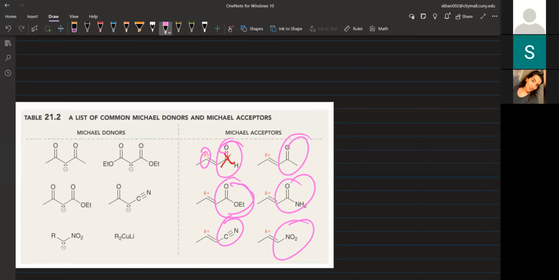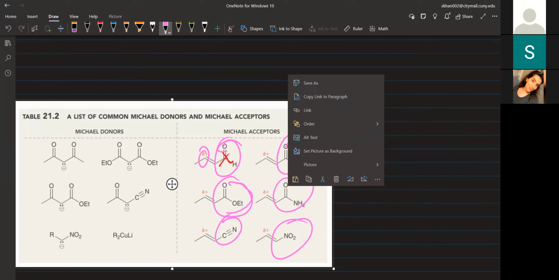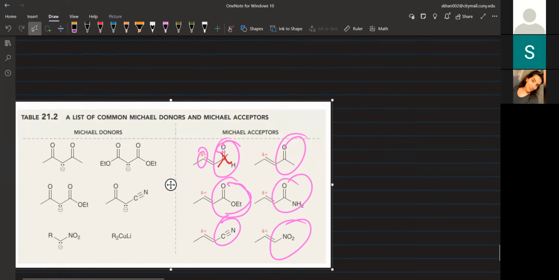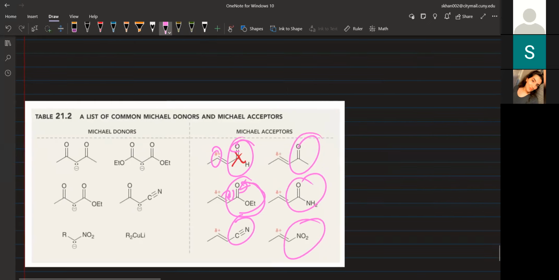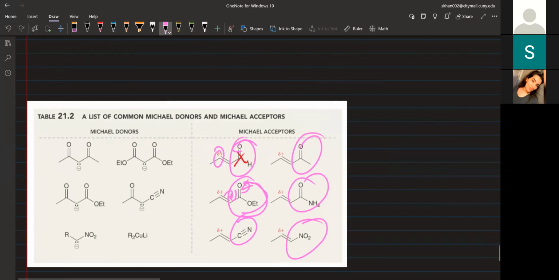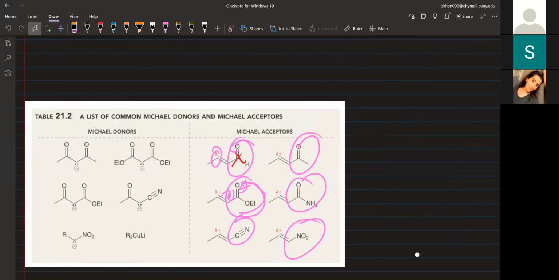Because the reason this is so electrophilic is that the electrons can go like here. CN withdraws, it's a triple bond, right? Nitrogen can still take the electrons, like this. And NO2 has a plus charge on it, right?